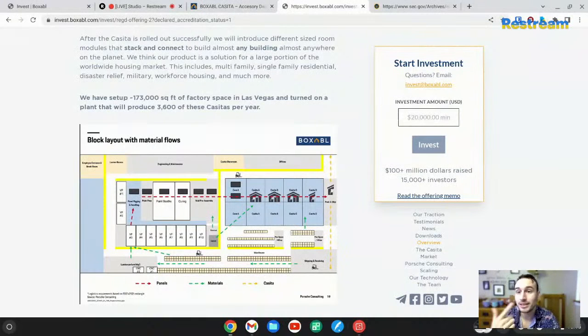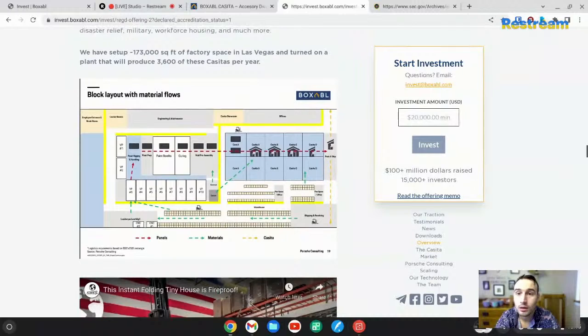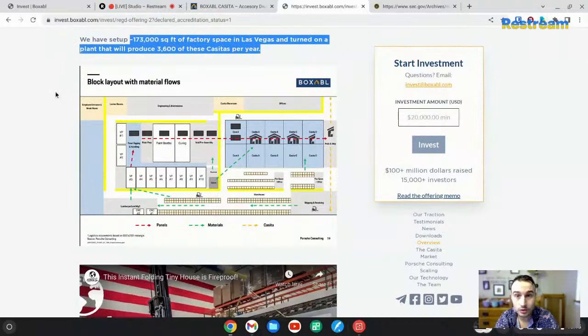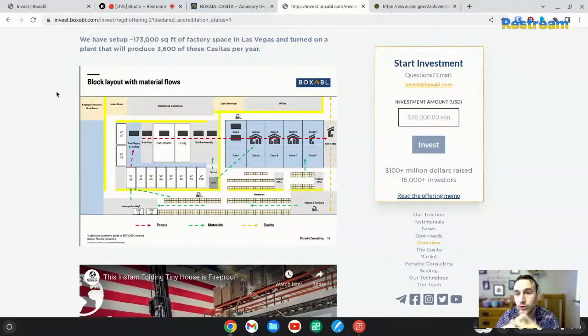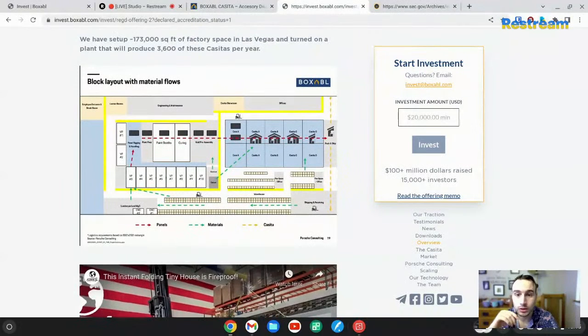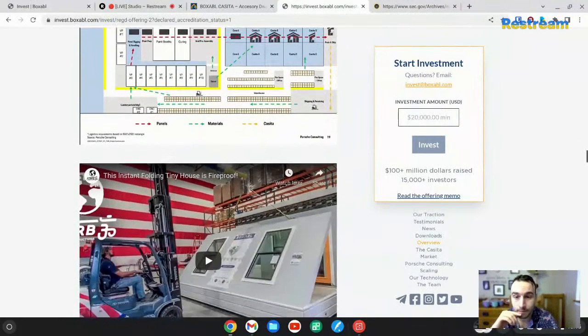That includes multifamily, single family, disaster relief, military, workforce housing, etc. They're setting up 170,000 square feet of factory space, and they plan to produce 36,000 casitas per year. So that's 10 a day. They mentioned earlier that Ford produces 1 car per day. Apparently, Boxable thinks they can produce 10 studios per day.